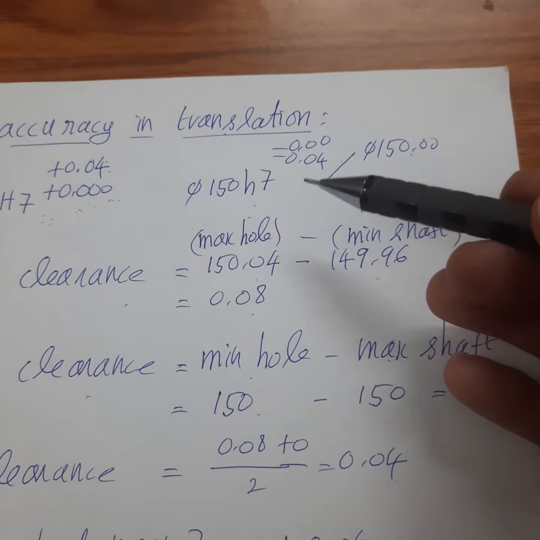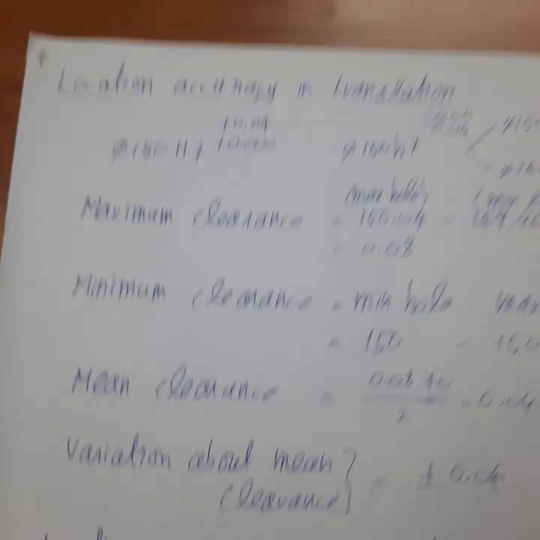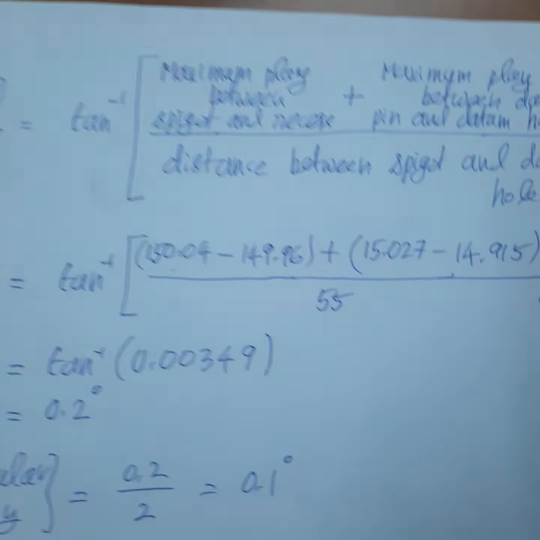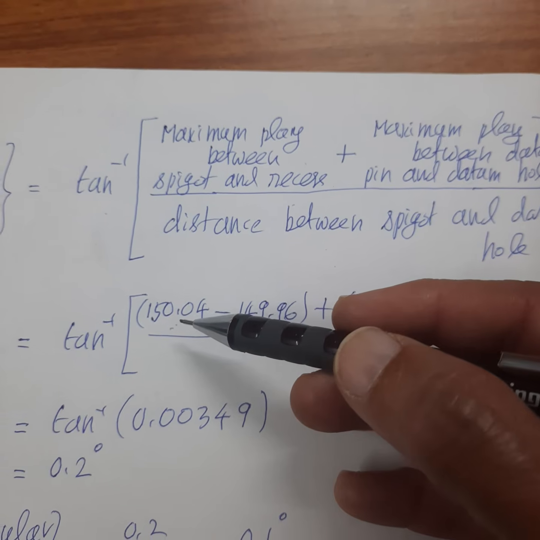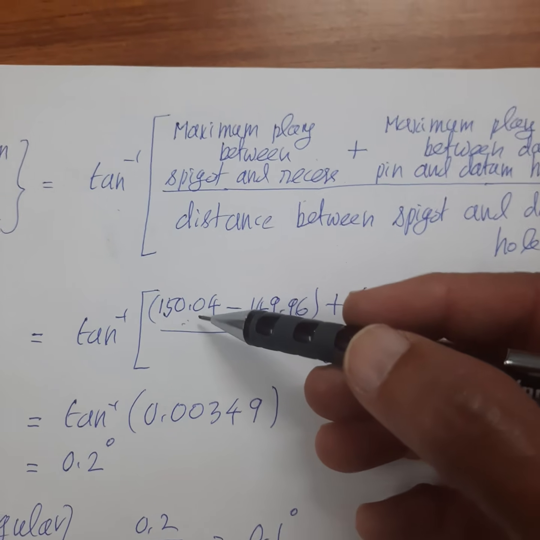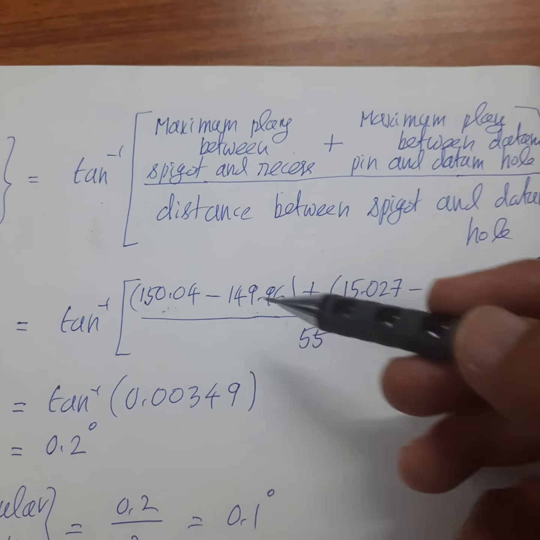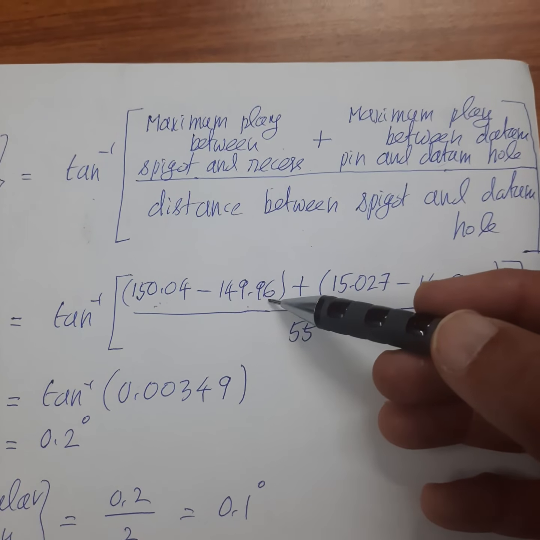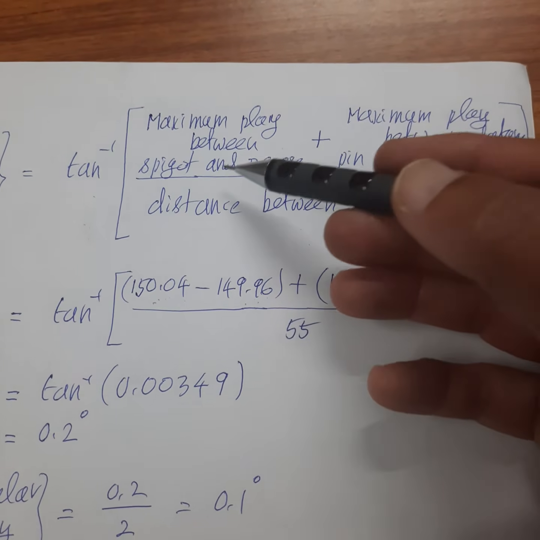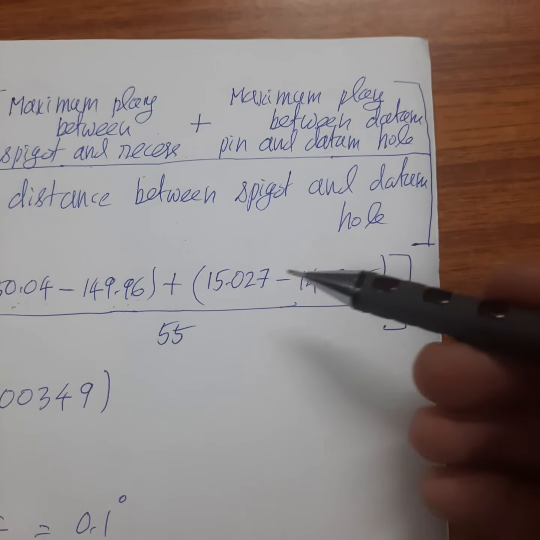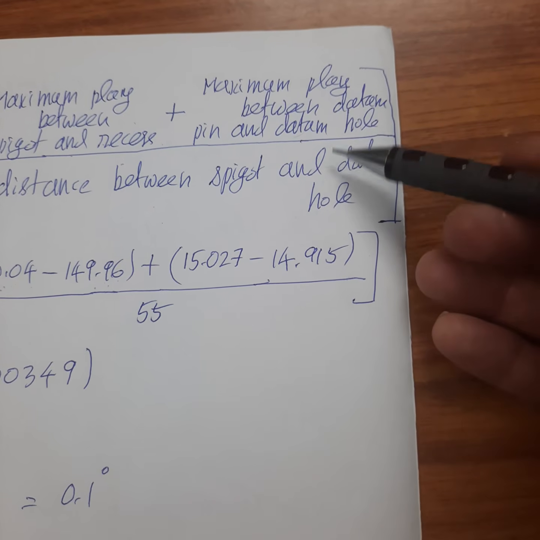The minimum size of the spigot is 149.96. These two values are substituted here. The maximum play is expected when you have the biggest hole assembling with the smallest shaft. So 150.04 minus 149.96 is the value of maximum clearance between the spigot and recess, plus the maximum play between the datum pin and the datum hole.